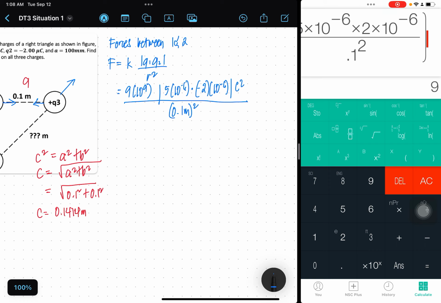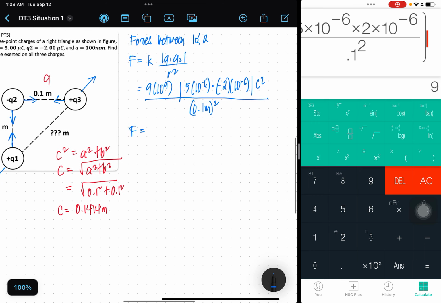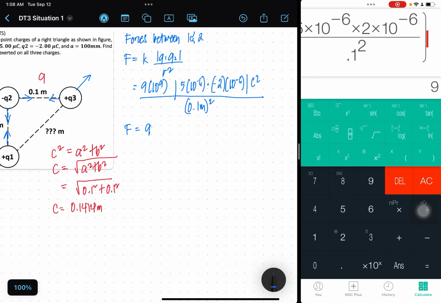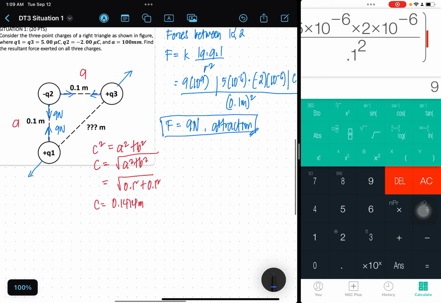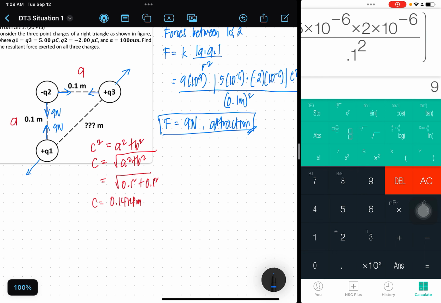Exactly, it is 9 Newton. So the force between charge 1 and charge 2 is 9 Newton, and it is attraction. So we put the value here: 9 Newton. Next.